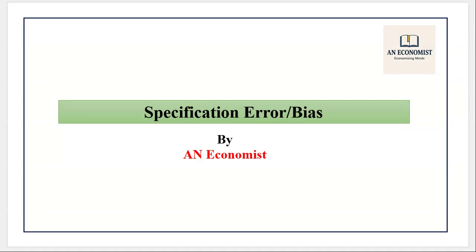From today we'll be starting a very crucial chapter in your advanced econometrics, which is specification error, known as specification bias. This chapter is especially helpful if you are doing empirical research. For those pursuing a PhD in empirical research, this chapter will be very important.